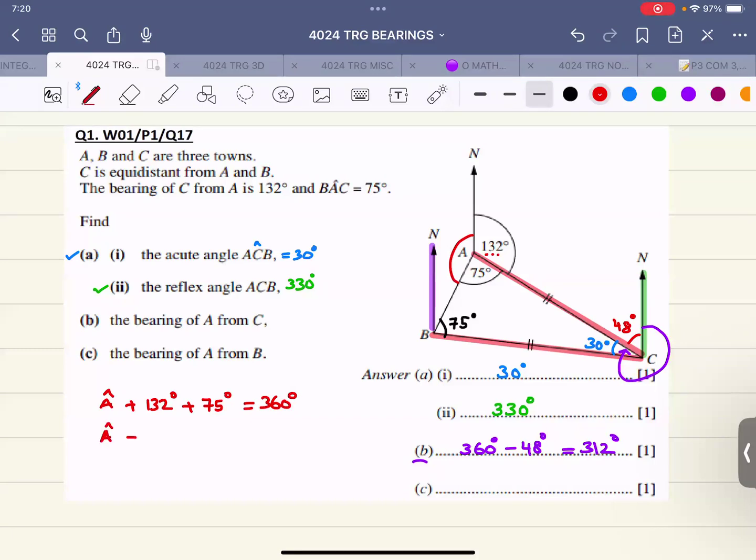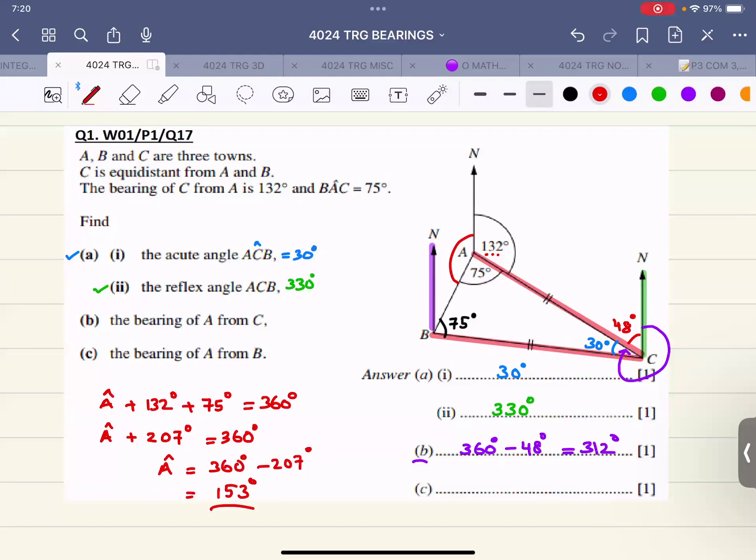Angle A, this is 132 plus 75, that is 207, equals to 360. Therefore, angle A is 360 minus 207, that is 153. So this is 153 degrees.